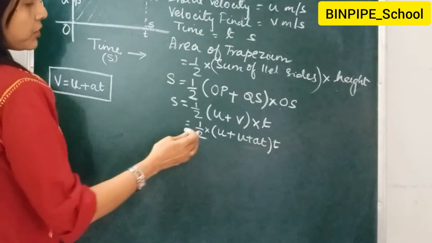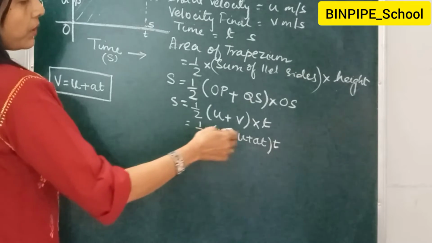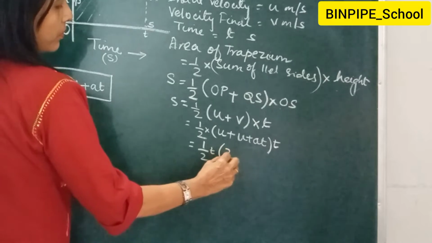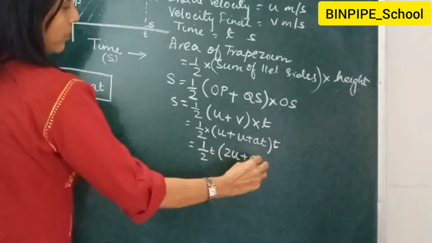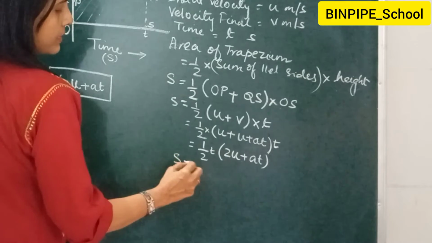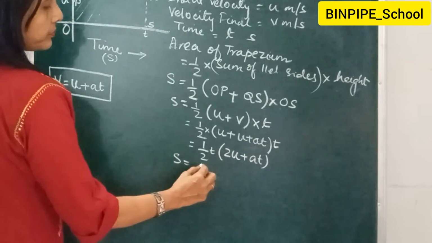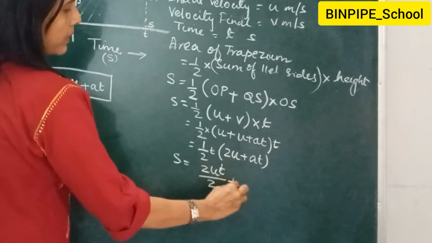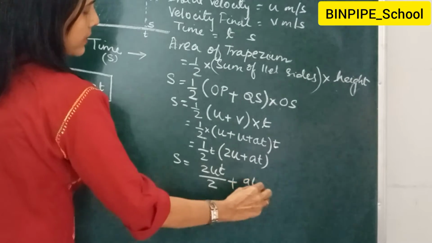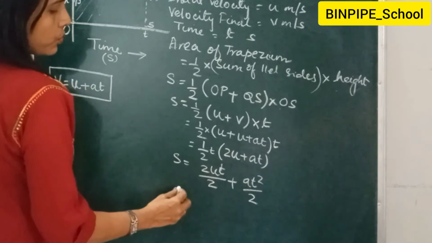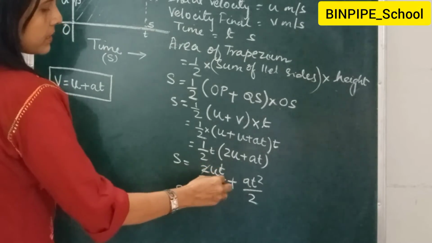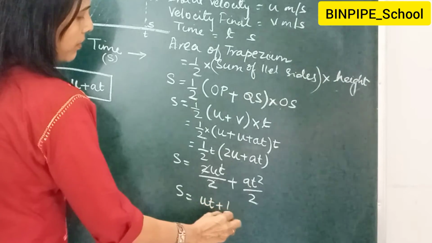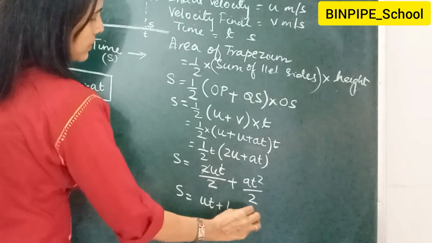So what we get after multiplying half and T to every term, finally what we get is 2UT by 2 plus AT square by 2. S is equal to, 2 gets divided, so we get UT plus half AT square.